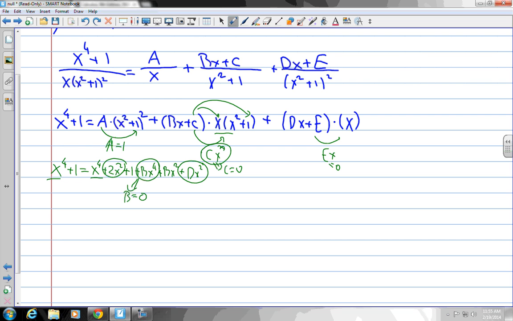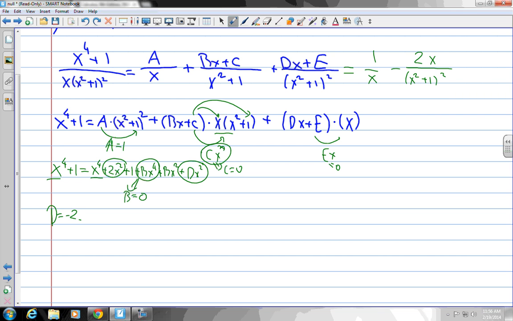Well, negative 2. You have a 2x squared and you have a dx squared, no squared term. So d equals negative 2, right? So you don't really have that term at all. B came out to be 0, C came out to be 0. D came out to be negative 2, so this whole thing is just 1 over x minus 2x over x squared plus 1 squared.